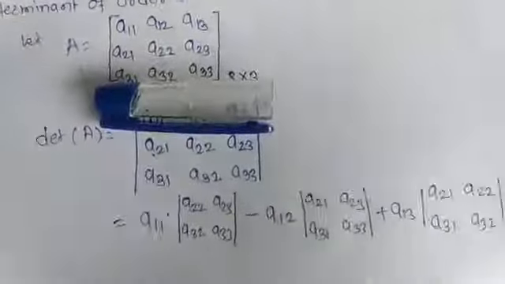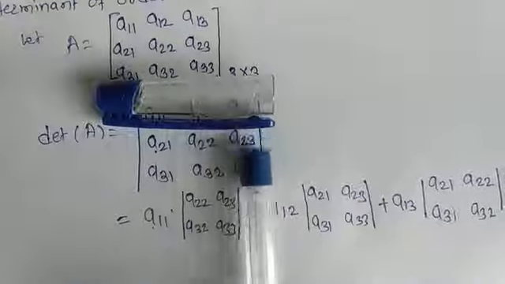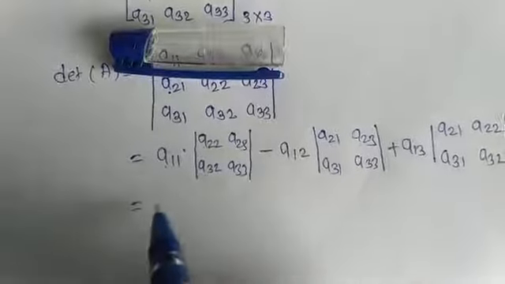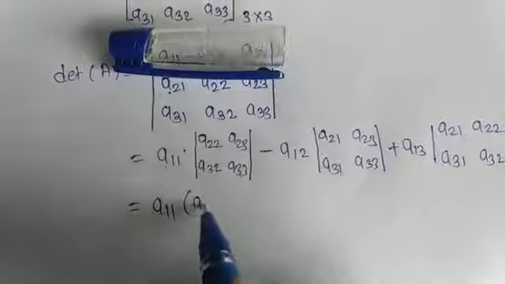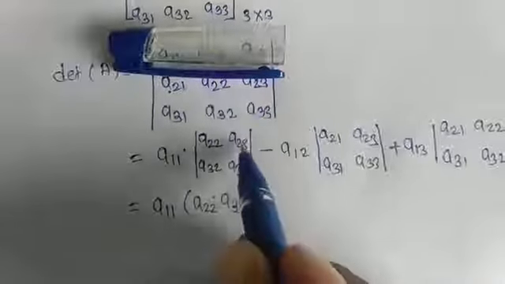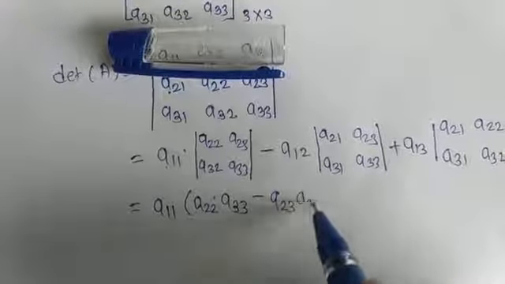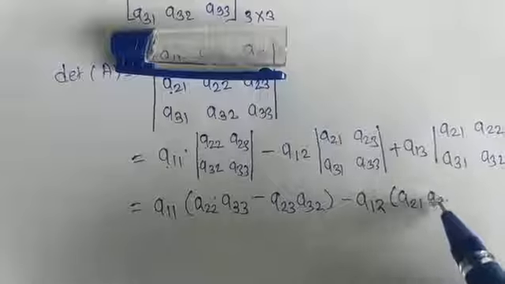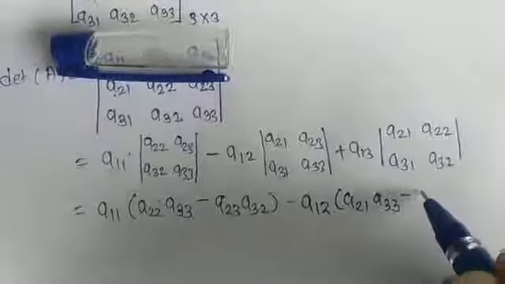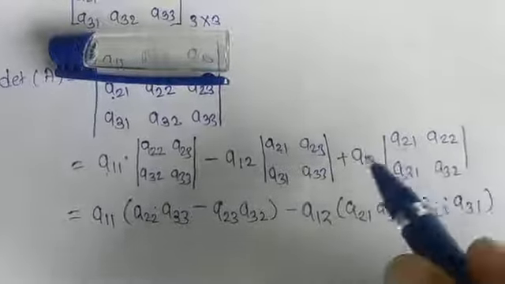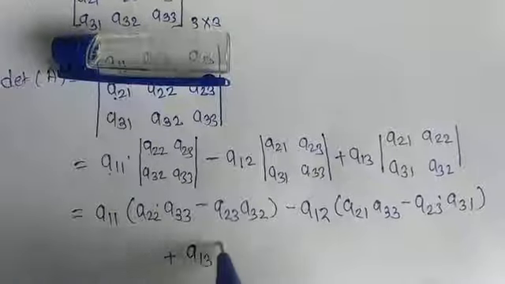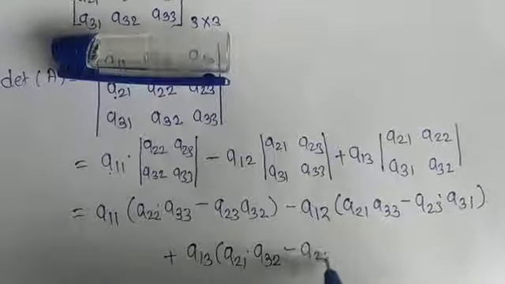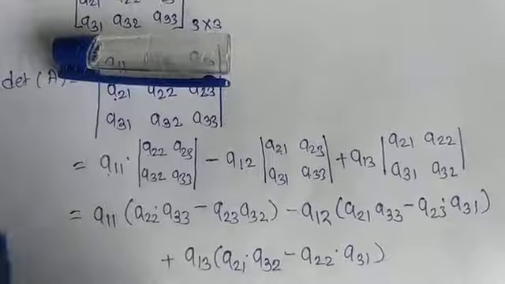This is our last calculation, and after solving this we get a single value, which is the determinant of A. Further calculating: A11 into (A22 into A33 minus A23 into A32) minus A12 into (A21 into A33 minus A23 into A31) plus A13 into (A21 into A32 minus A22 into A31). This is our determinant of A.